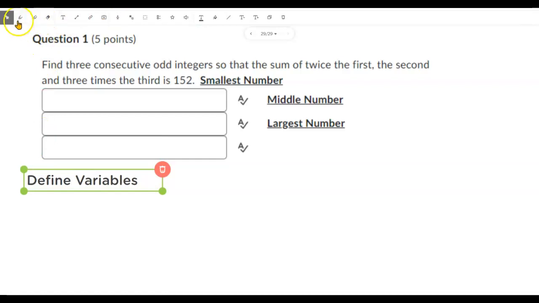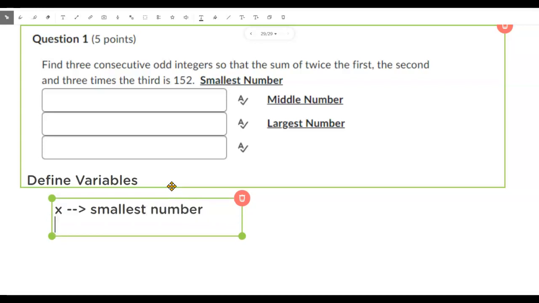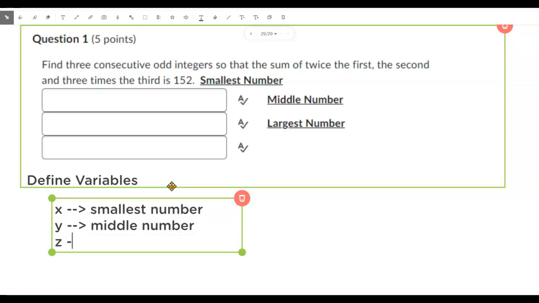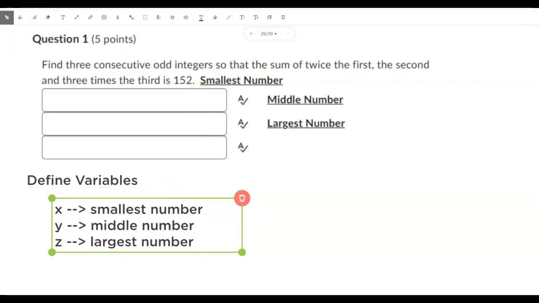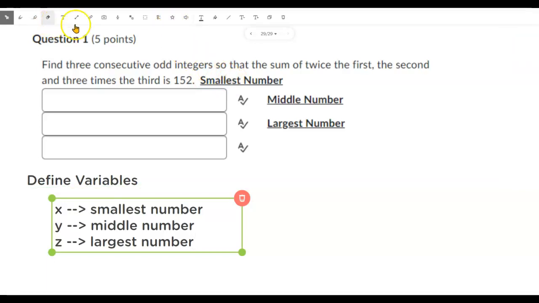So what I'm going to do is I'm going to call x my smallest number, y my middle number, and z my largest number. Now, we can write equations.